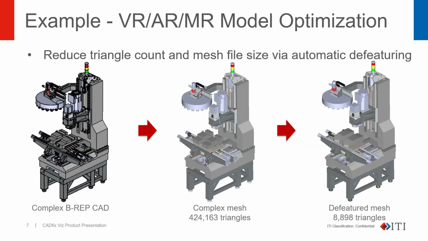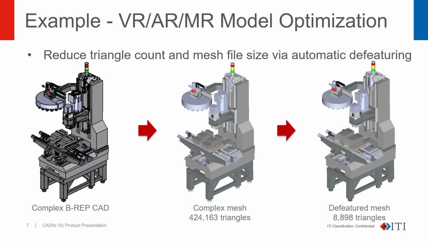This is just an example of a model optimization. You have a complex BREP CAD model on the left-hand side, a complex assembly most likely. That's the actual geometry. Just out of the box, producing a facetization mesh on that model creates a mesh of over 420,000 triangles. So good resolution, very complex, with a lot of small intricate parts.